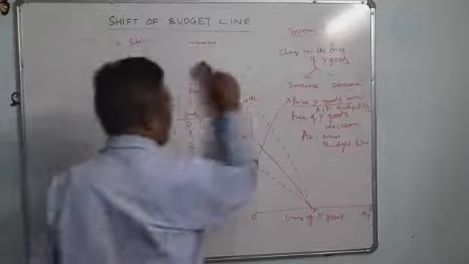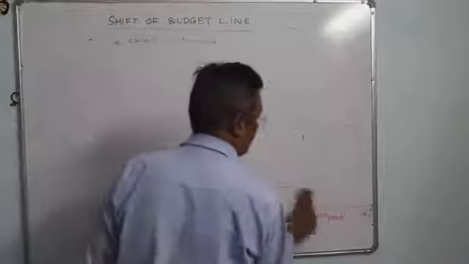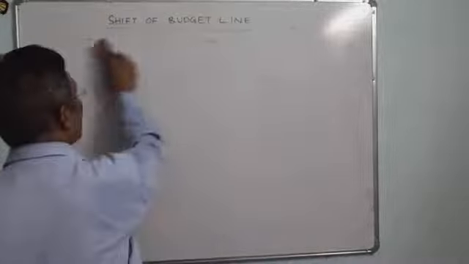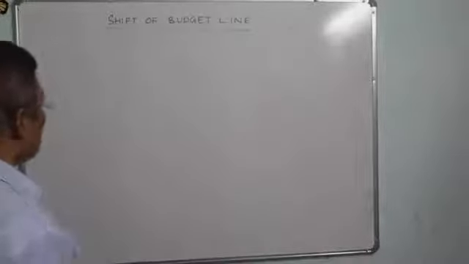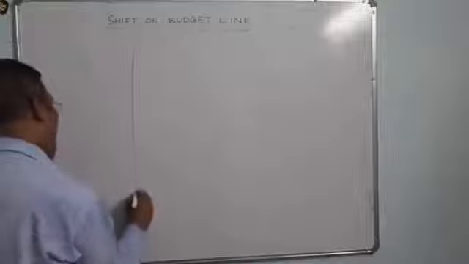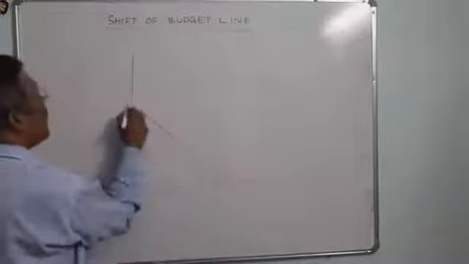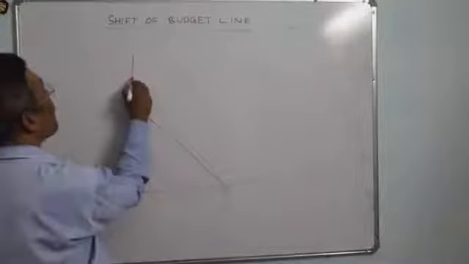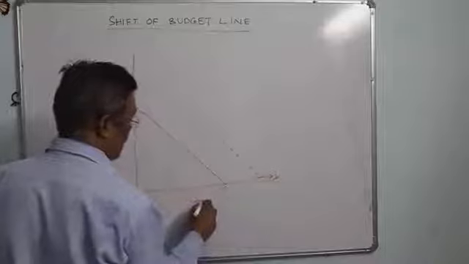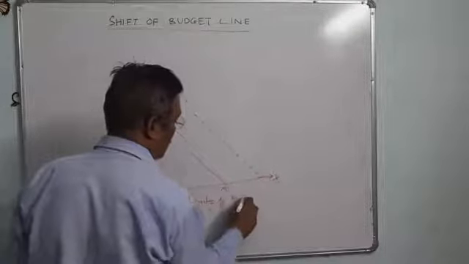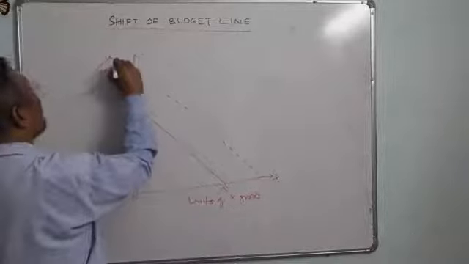Now I will conclude. This is the budget line, with OX units of X goods and OY units of Y goods.